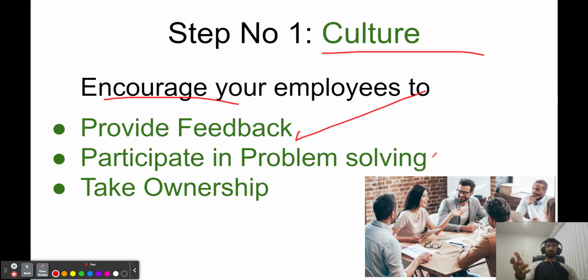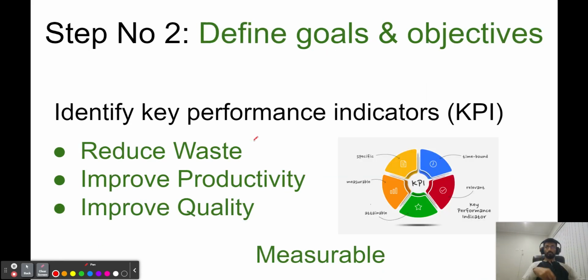You ask them to participate in problem solving and give them the ownership. So you do one on one and give them the ownership to improve things, because the people who actually work on the floor are the best people to know what issues they are facing and how we can improve that.